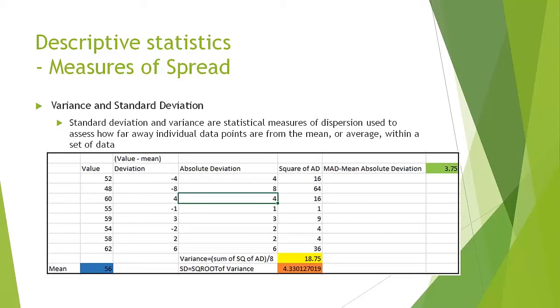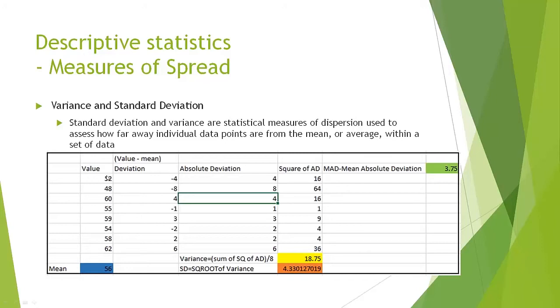So that is a measure of spread. How do you calculate how many standard deviations from the mean the value of this sample is? You can calculate that in terms of the number of standard deviations from the mean.